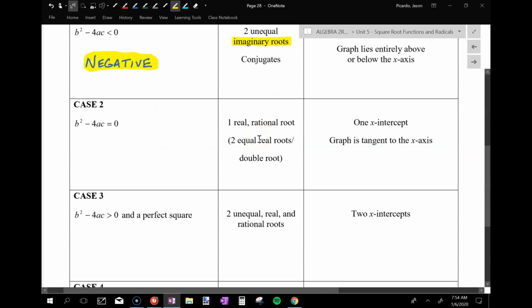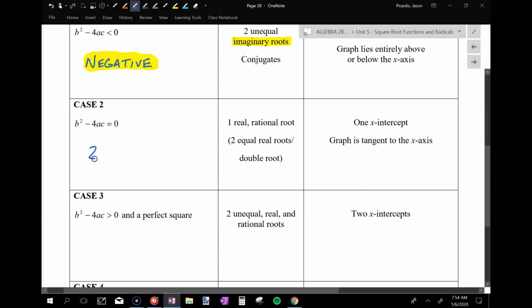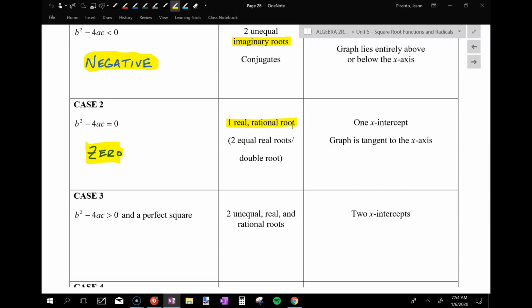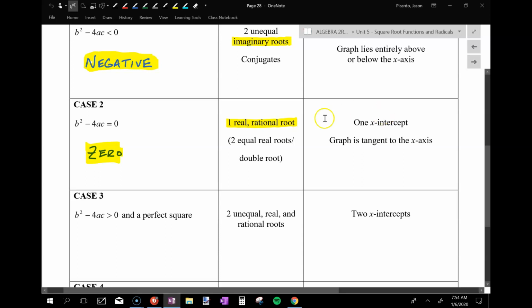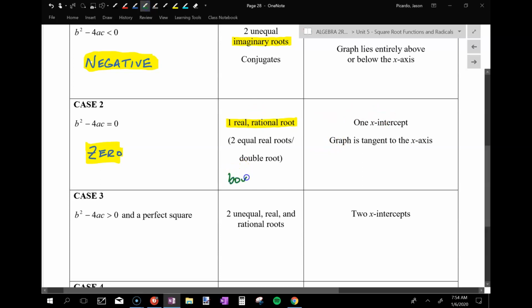So case number 2, if the discriminant is 0, right? If the discriminant is 0, that means you have one real root. And we saw that, right? That's the one that bounced off the x-axis. If you want to use that word, guys, go ahead. It's a bounce root. A bounce root's a double root. Same thing.